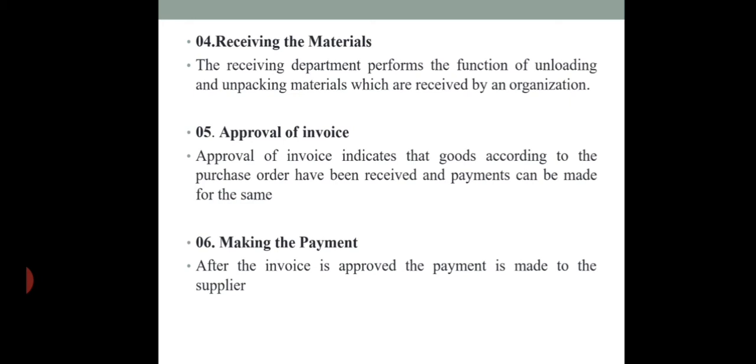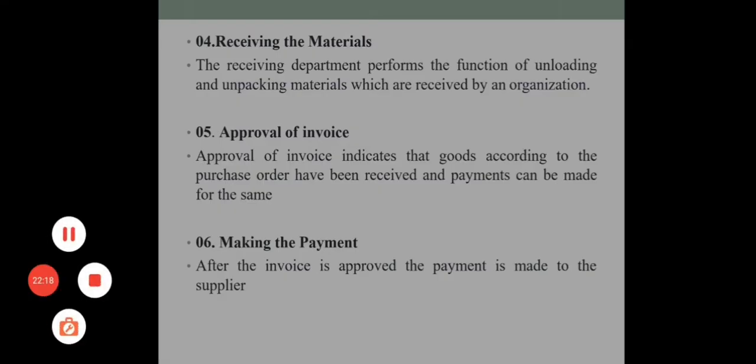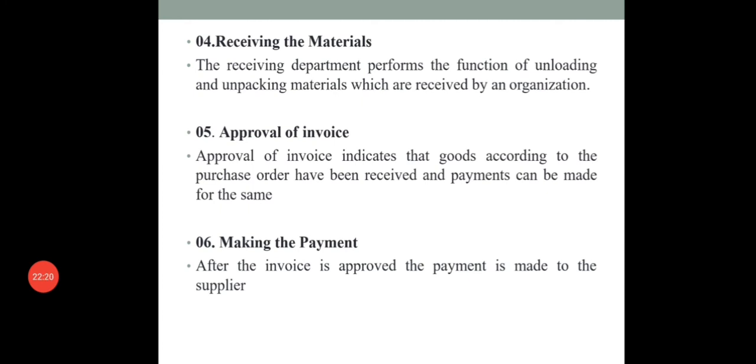Once the invoice is approved, the next and last step is payment made on invoices. After the invoice is approved, the payment is made to the supplier. This process is done by the accounts section.